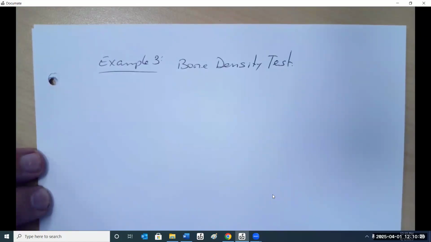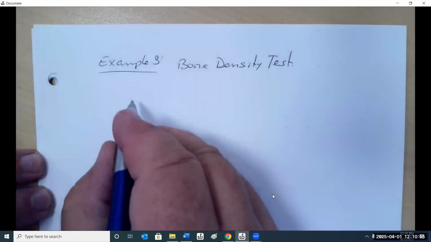The result of a bone density test is commonly measured as z-scores. The population of z-scores is normally distributed with a mean of 0 and standard deviation of 1. A randomly selected adult undergoes a bone density test. Find the probability that the person has a bone density test score less than 1.7.